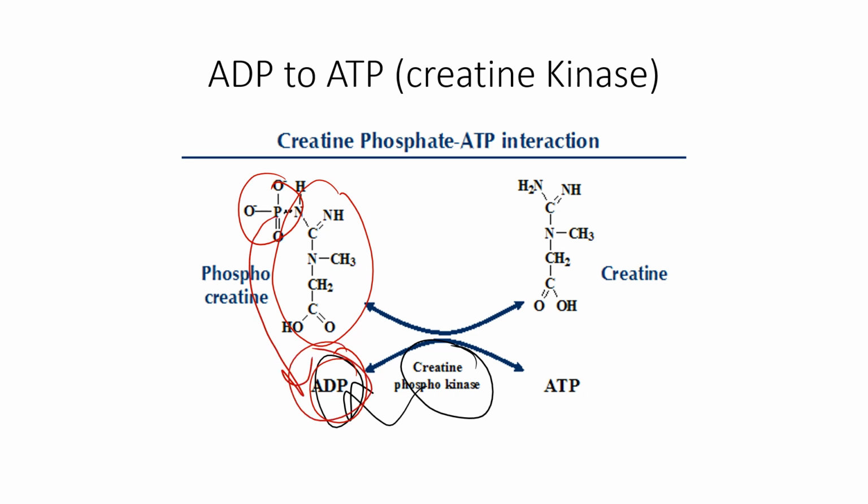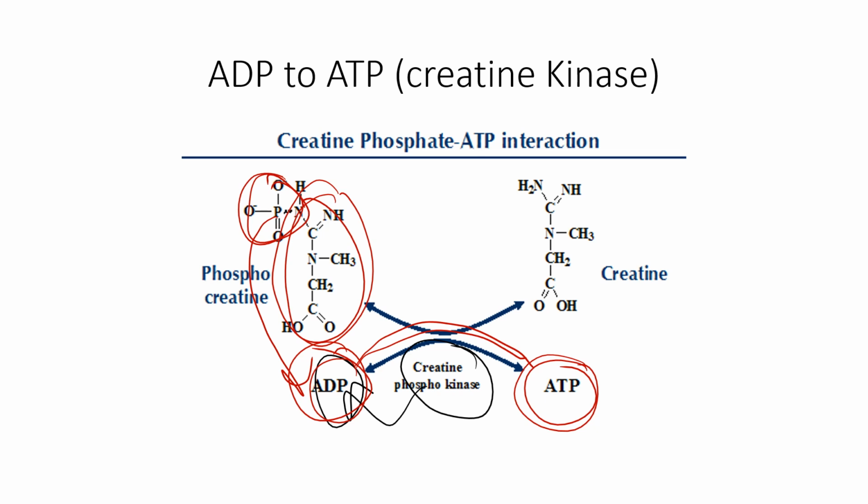And what do you think gets reformed or resynthesized? ATP. If you can remove the phosphate off of creatine and give that phosphate to ADP, what do you make? Well, you add a third phosphate to adenosine diphosphate to make adenosine triphosphate. You've just resynthesized ATP here.